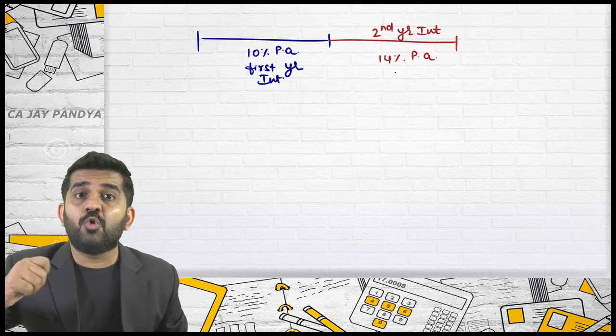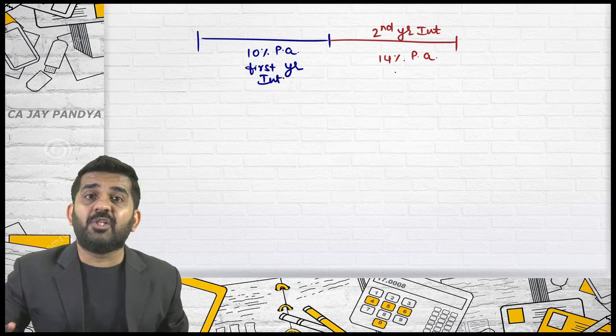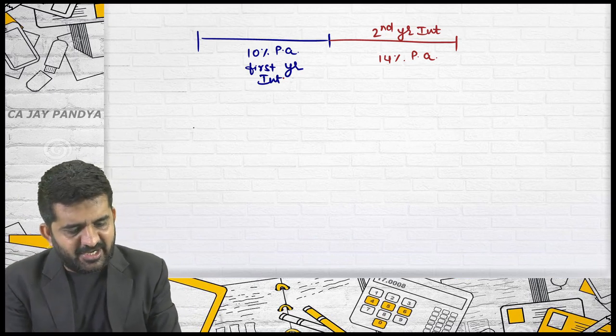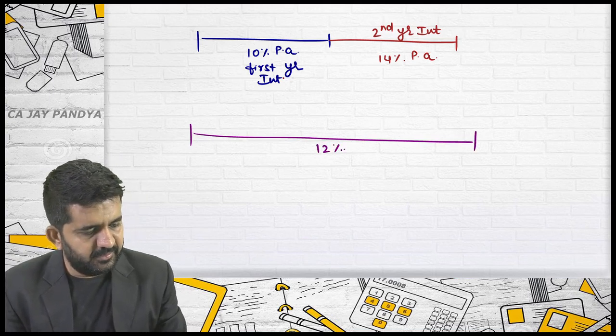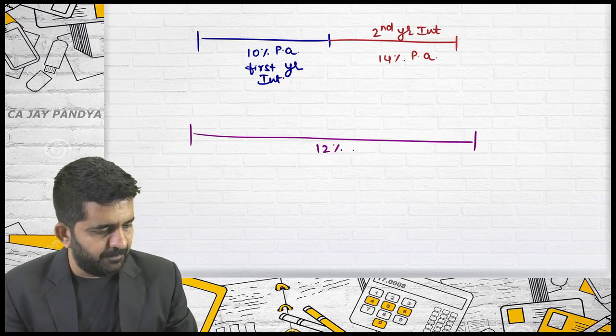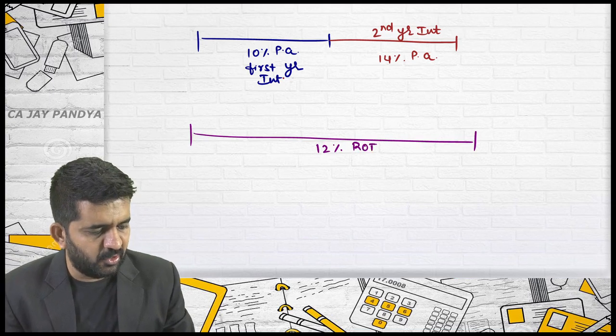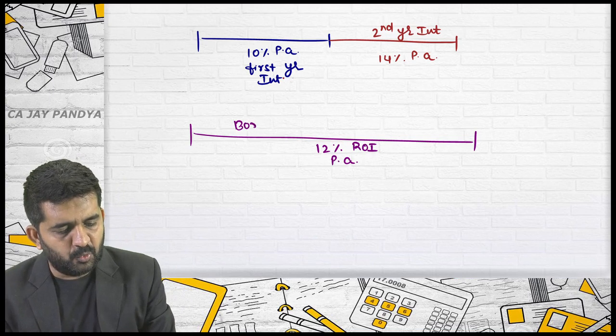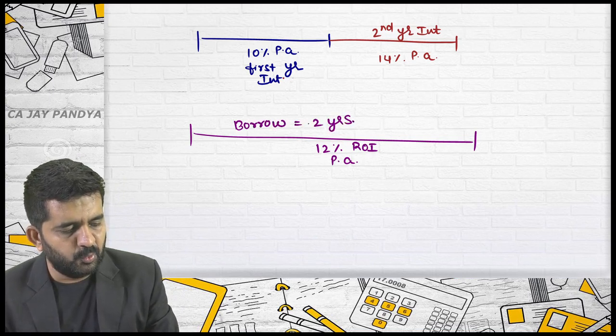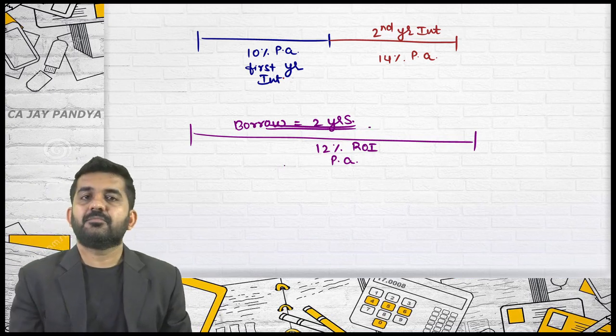If you want to borrow loan for both the years, first and second year, then it is 12% rate of interest per annum if you want to borrow for 2 years.